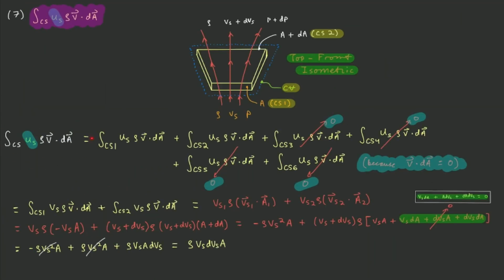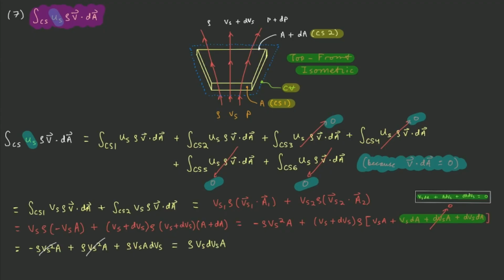Now we just have this linear momentum term, right? The integral over the control surface of Us rho V dot dA. We're going to explicitly look at every control surface we have to hit home why these other surfaces are 0. But effectively, we're only going to be looking at control surface 1 and control surface 2. Now, for control surfaces 3 and 4, which we could say are the sides, and control surfaces 5 and 6, which we could say are the top and bottom, the velocity and dA are always at a 90-degree angle because the control volume is bounding the streamlines on the top and bottom and on the sides.